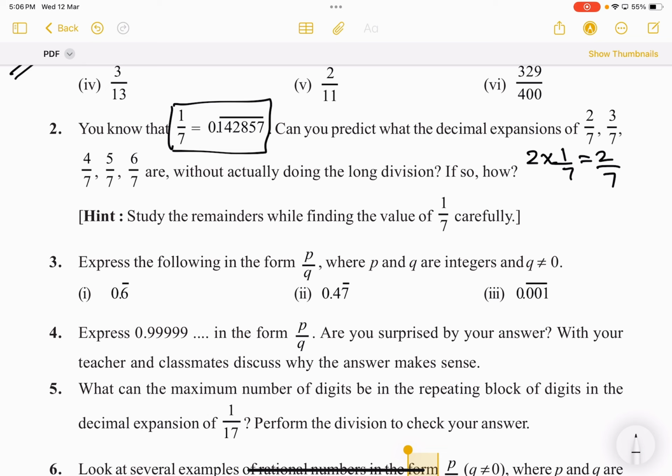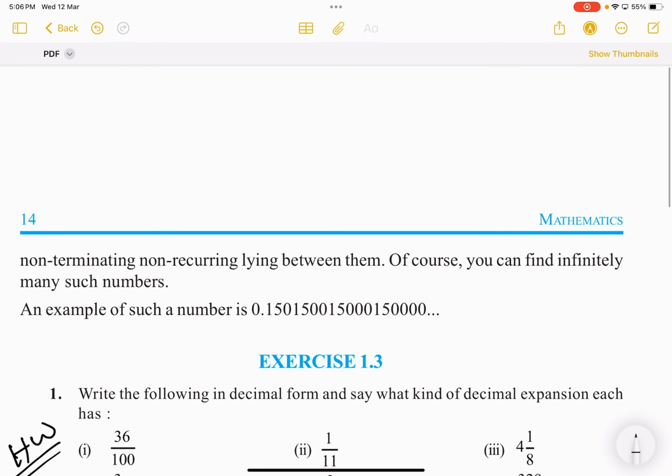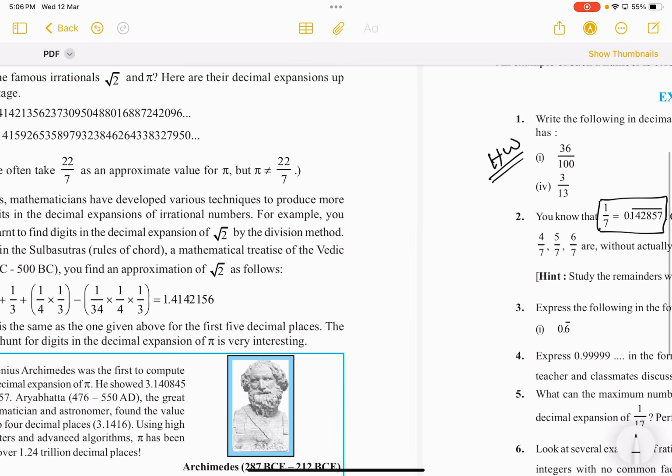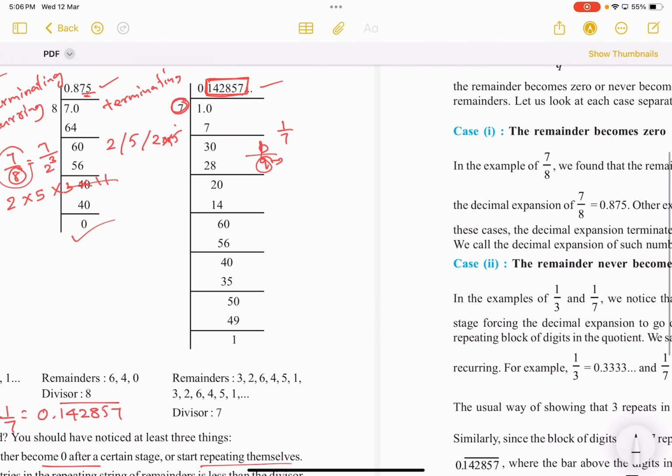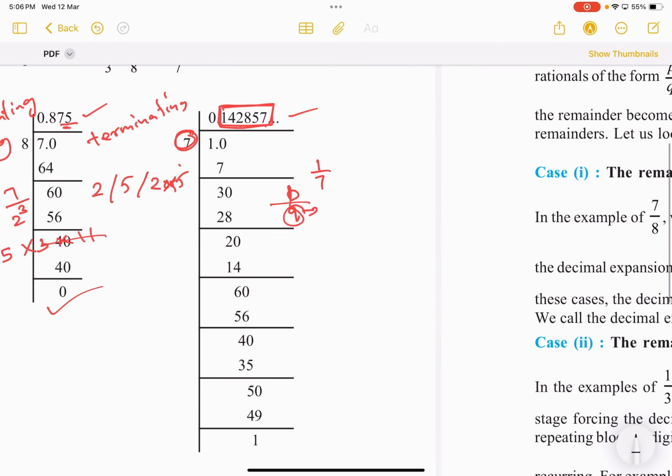Okay, I'll show you here. They're asking what is 2 by 7, right? Look here: where you get 2 as a remainder, from here onwards you are dividing 2 by 7, correct? So what is your first quotient?